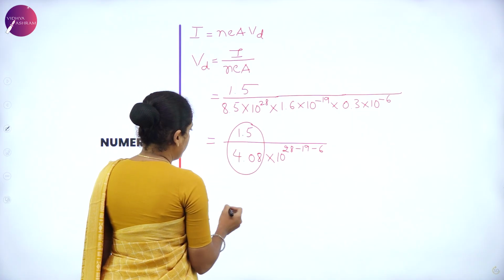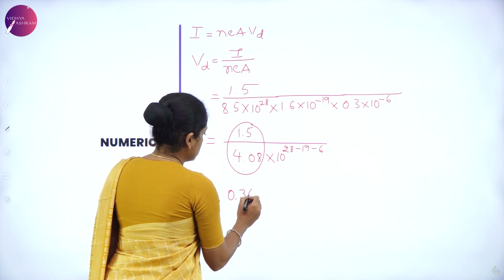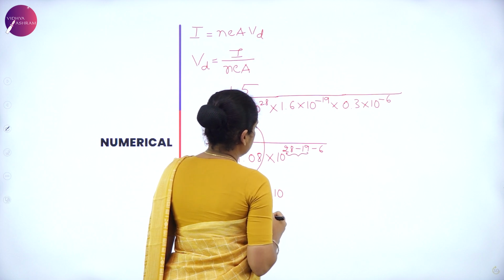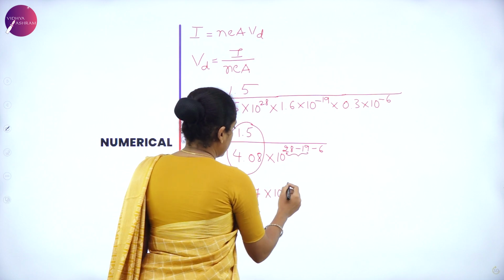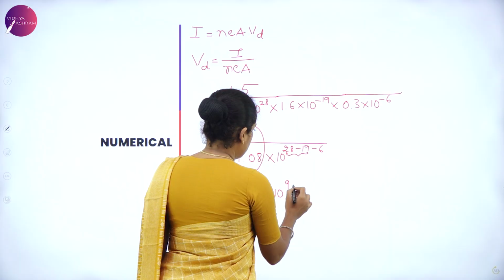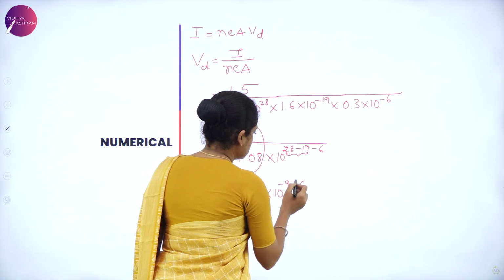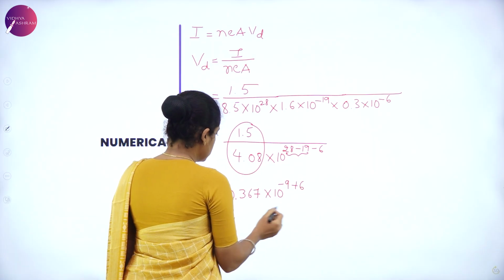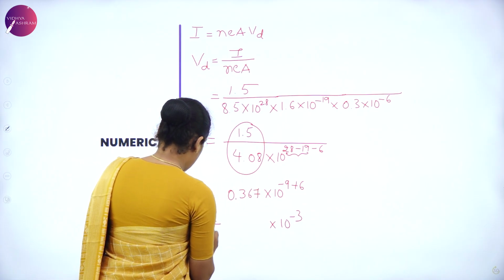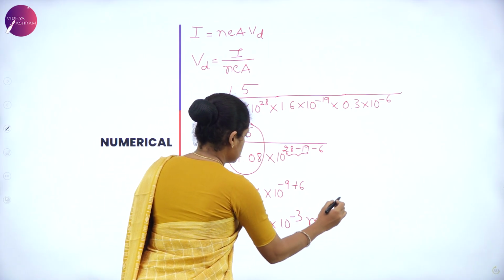Dividing 1.5 by 4.08 is 0.367, into 10 power 28 minus 19 is 9, then 9 minus 6. When I take it to the numerator, this becomes minus and minus 6 becomes plus. So, minus 9 plus 6 is 10 power minus 3. So, the answer is 0.367 into 10 power minus 3 meter per second.